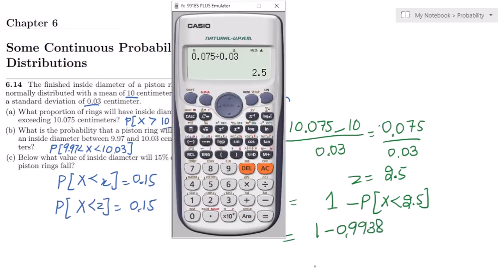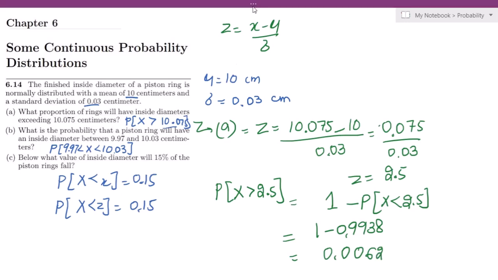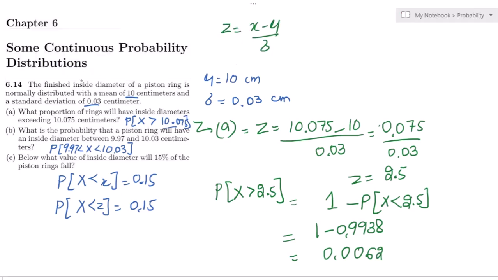Let me subtract it from 1: 1 minus 0.9938 is 0.0062, and that is the solution of part A of my question.